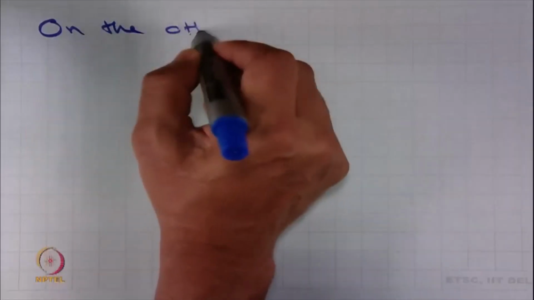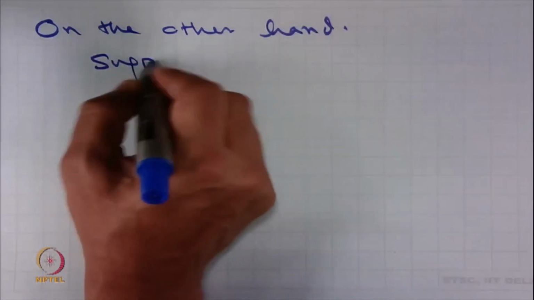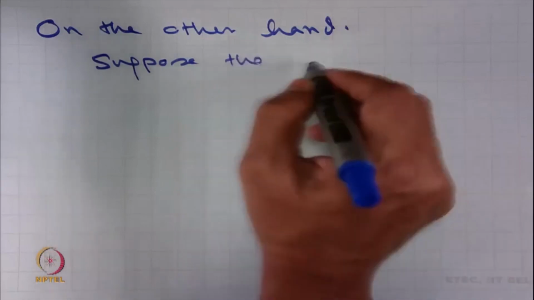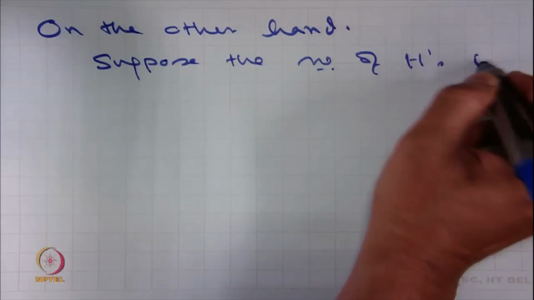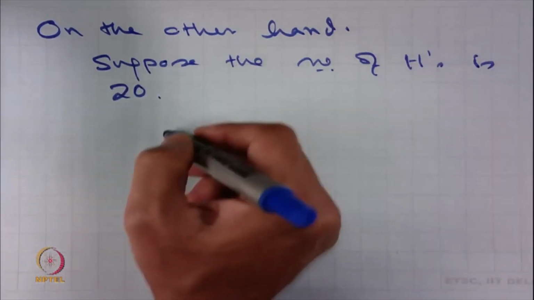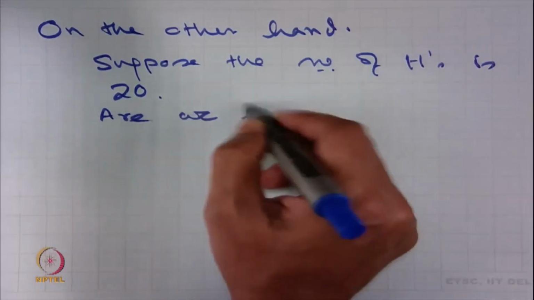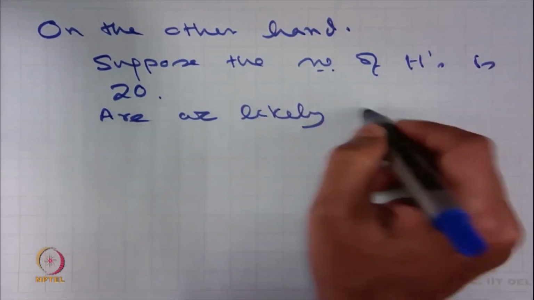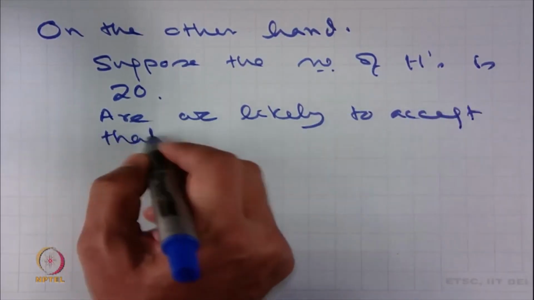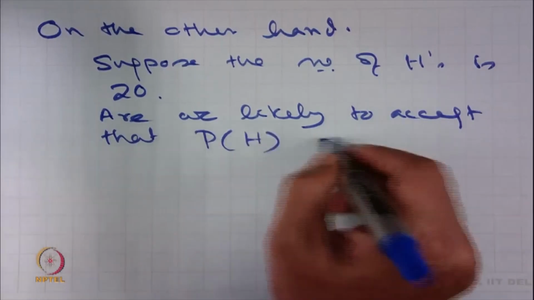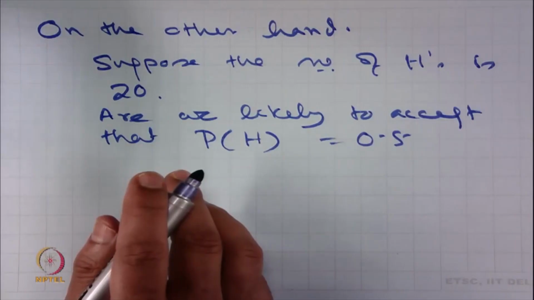On the other hand, suppose the number of heads is say 20. Are we likely to accept that the probability of a head is equal to 0.5? Very unlikely.